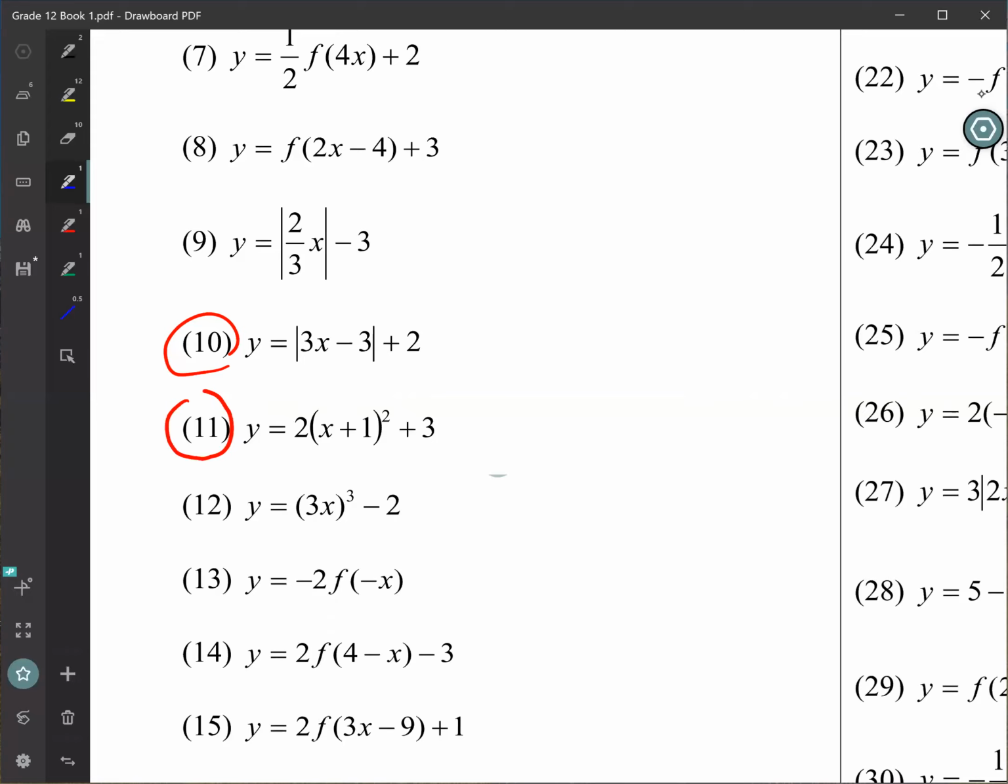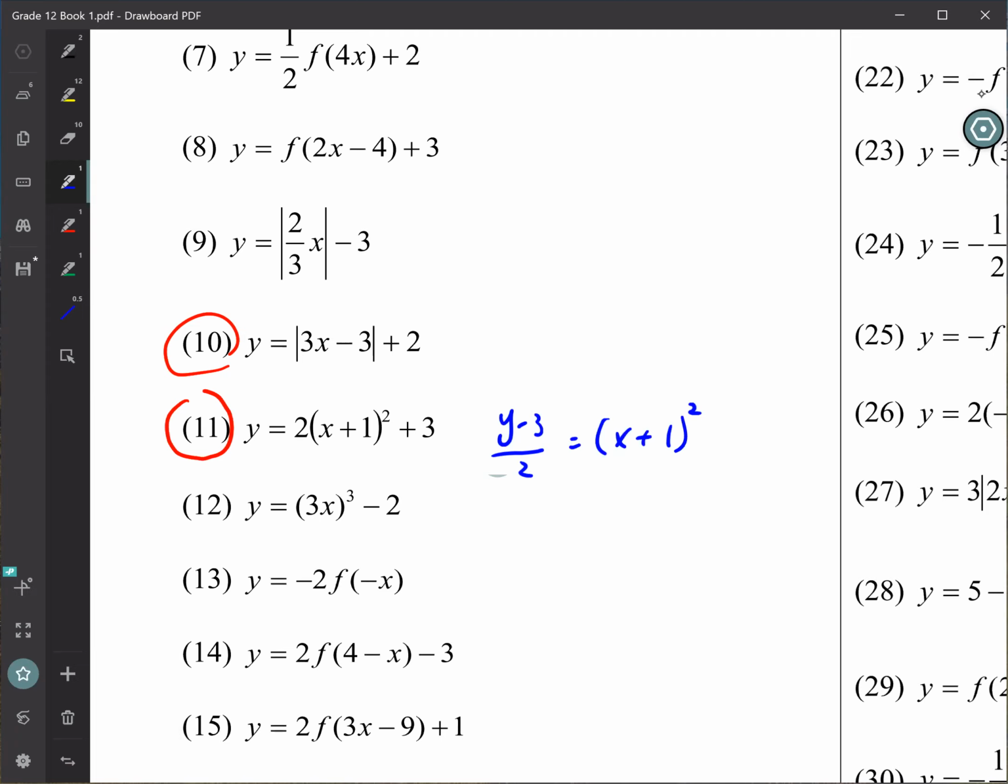Okay, Cindy, what's your story form for 11? Oh, y minus 3 over 2 equals x plus 1 squared. Equals x plus 1 squared, like this? Yeah, okay.